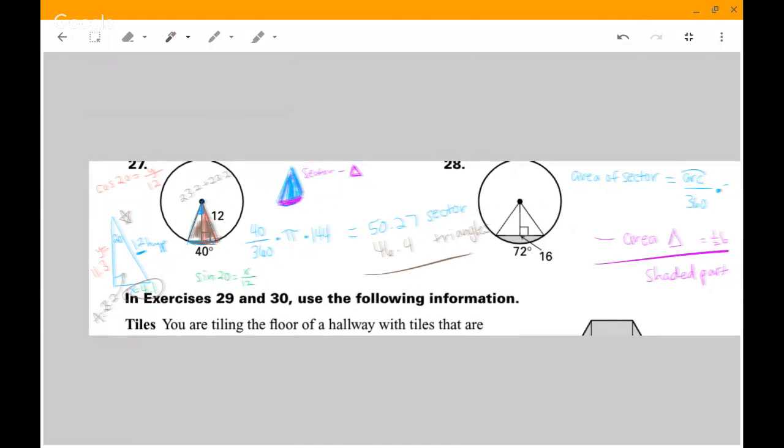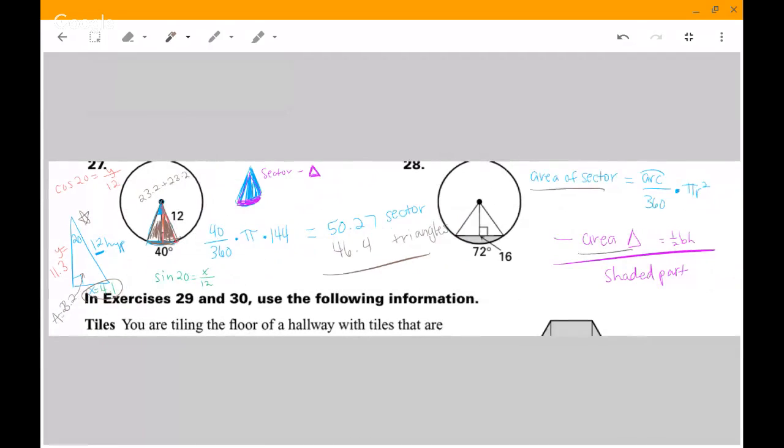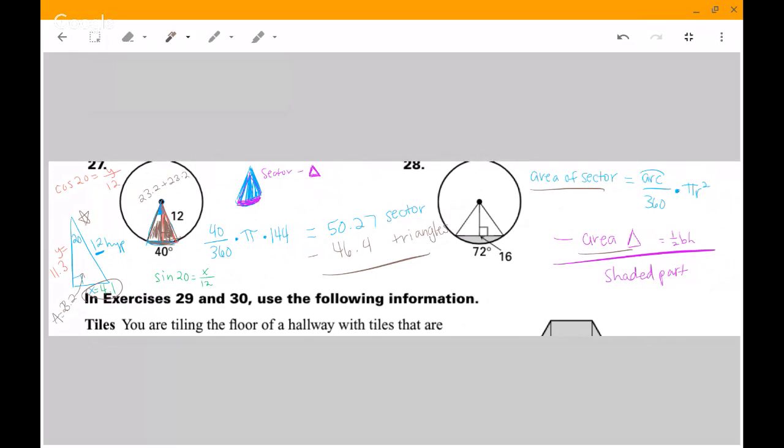Remember over here on the right, we were going to do the sector minus the triangle. So if you do that now, what do you get for this part that we forgot about down here?